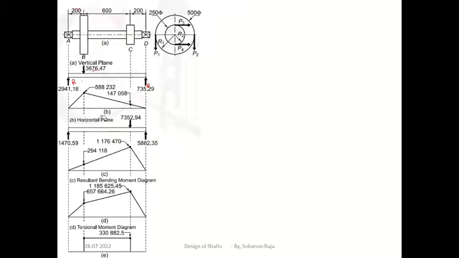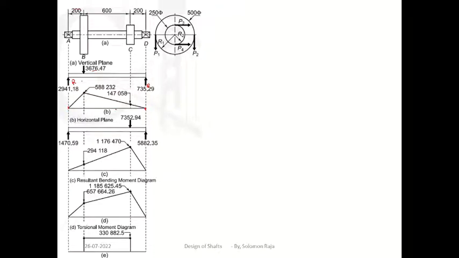At point A and at point D the bending moment value will be 0. Always at the supports the bending moment value will be 0, since we have provided support, so there won't be any bending moment.